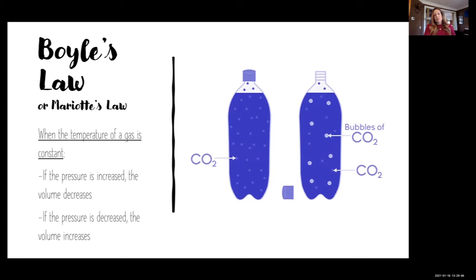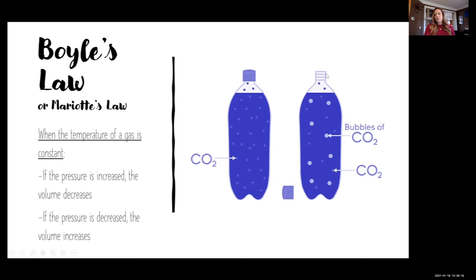And a great example of this is thinking about taking the lid off of a soda bottle. So if you have two soda bottles or whatever, the temperature is the same, it's the ambient temperature of the room, right? Your temperature is constant. If you decrease the pressure, you do that by taking the lid off.